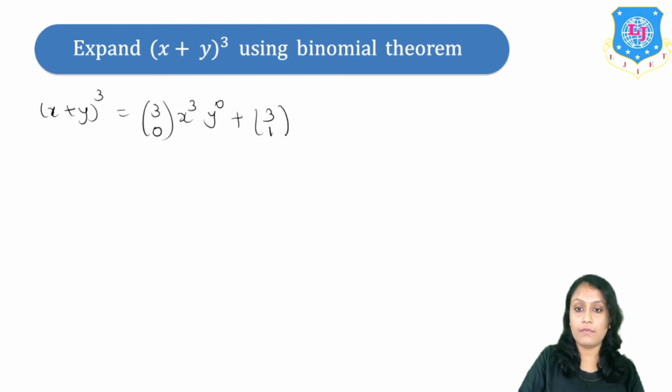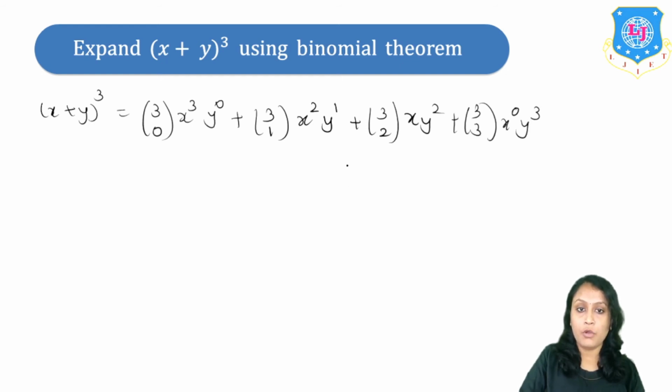Now 3C1, here reduce the power of x and increase the power of y, so x² y¹, plus 3C2 x y², 3C3 x⁰ y³.